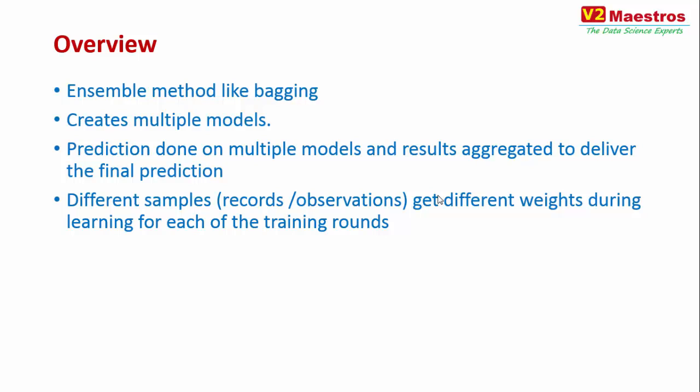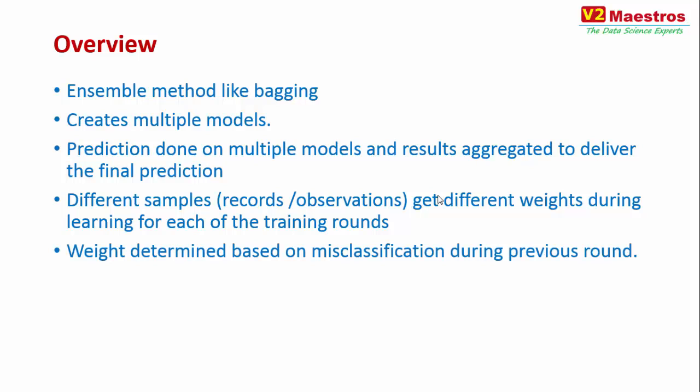So that is how you increase the weight of a particular row or sample. As you keep doing multiple rounds of predictions, as misclassification happens, you would just increase the weight of those misclassified records.